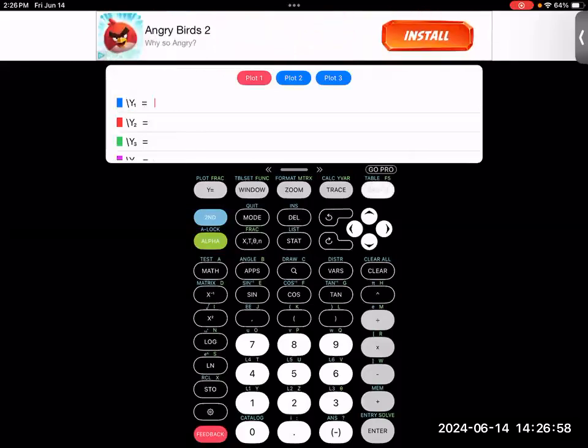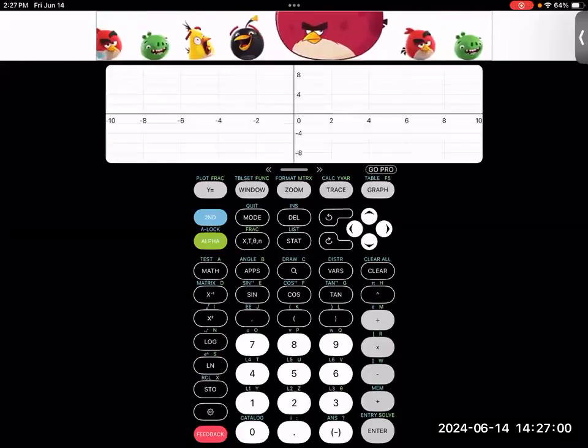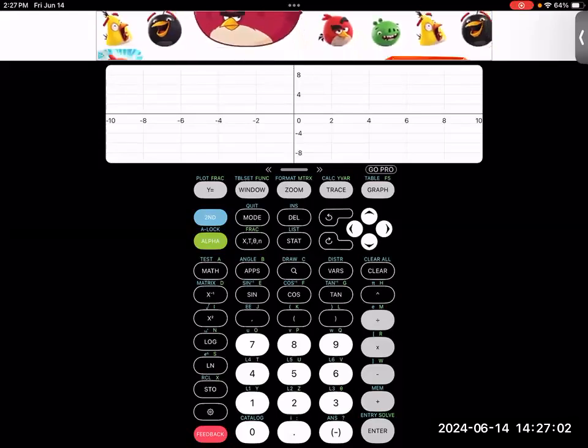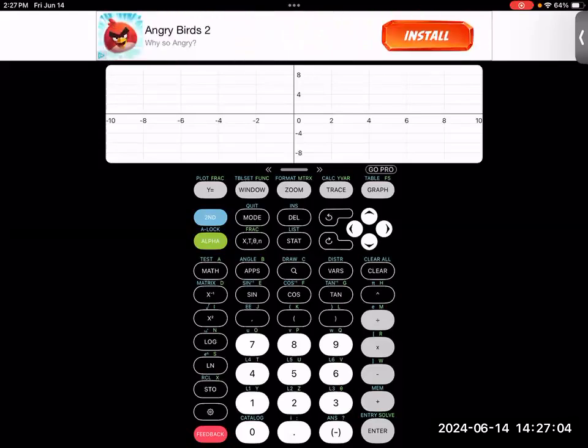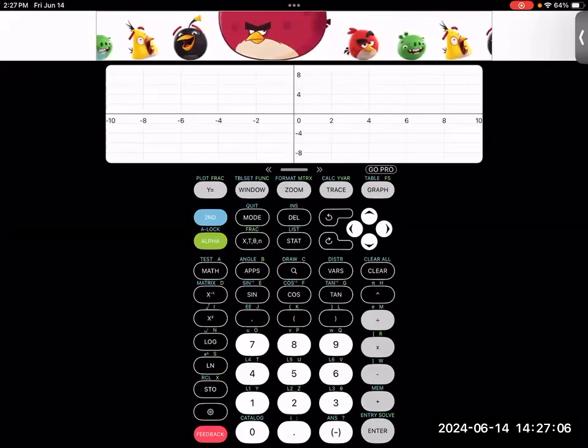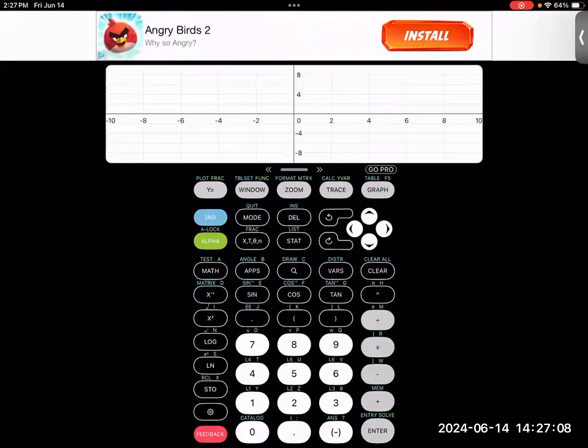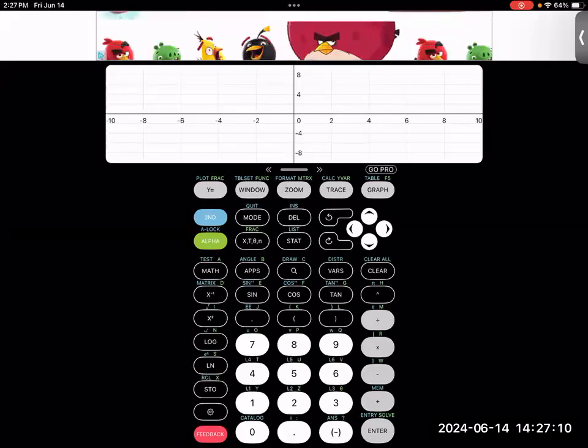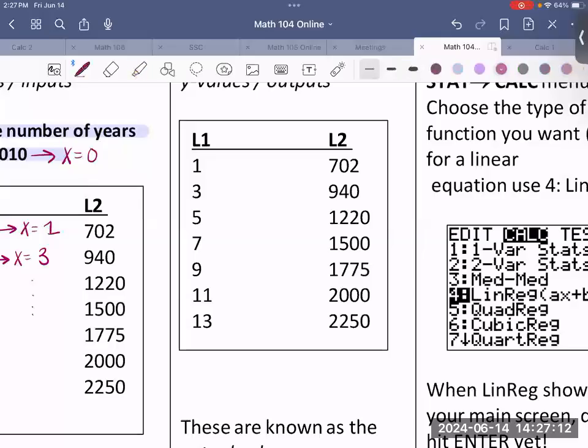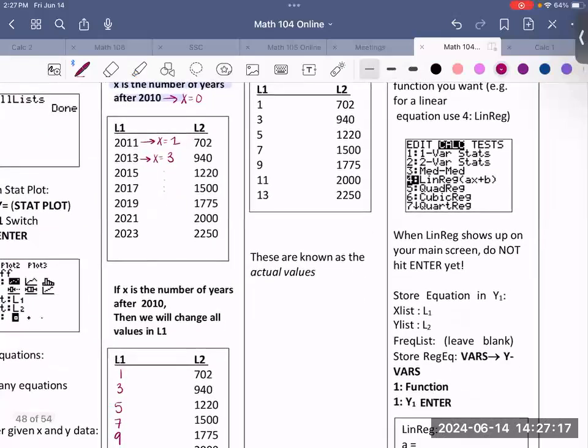I'm going to hit graph and nothing appears. Why is that? My scatter plot is on, which means if I'm still not seeing it, it's my window that needs adjusting. So looking back at my window, let's come up with values that are good for this particular graph.